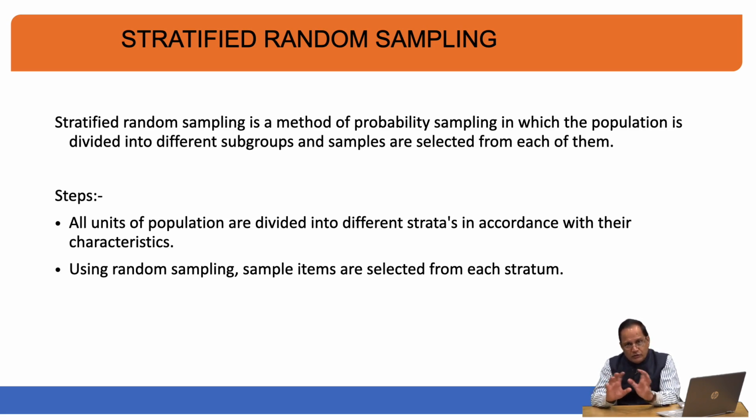So, in this way the groups of girls can be constituted, and from these groups samples can be taken. So, this is a form of stratified random sampling.